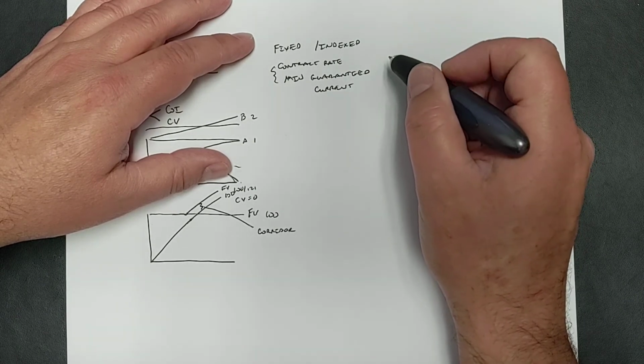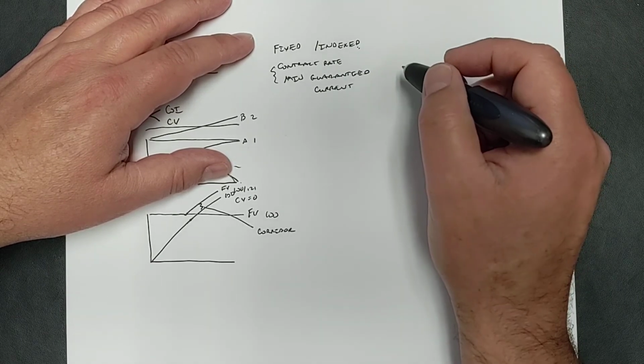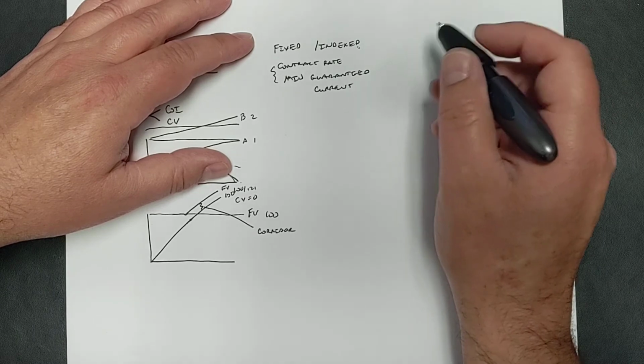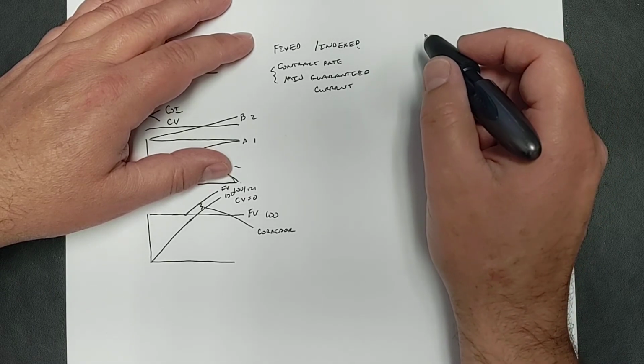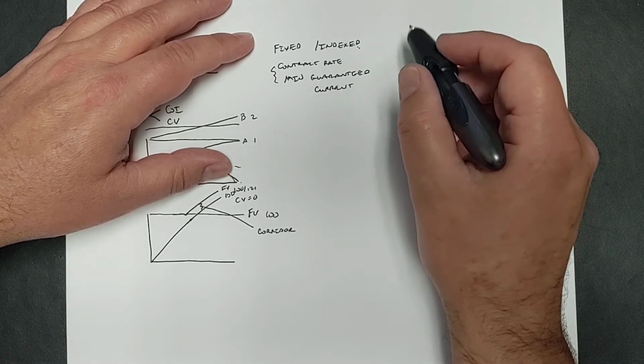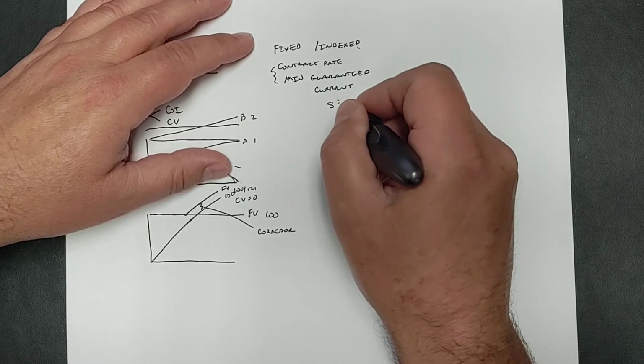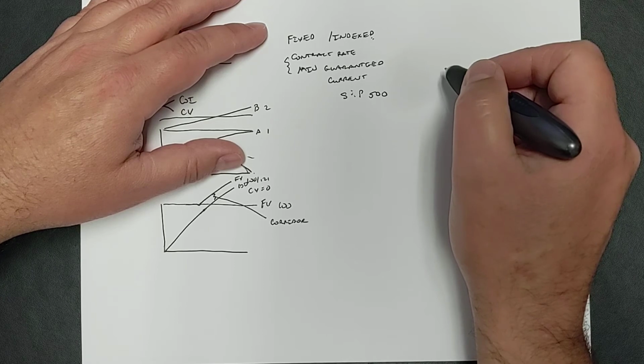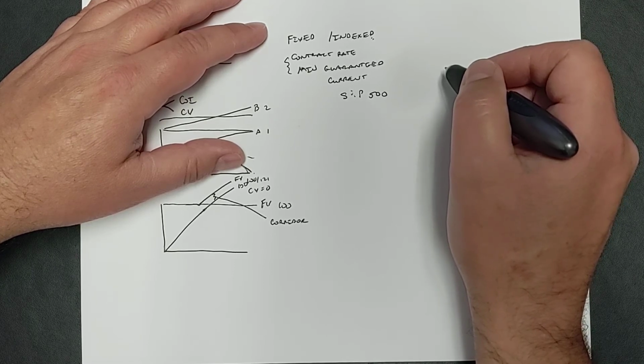The other way is by using an indexed rate. The company uses one of the stock market indexes or indices. You'll hear it both ways. Both are correct. So stock market indexes or indices. Like, for example, the S&P 500. That may be the one you're most familiar with. There are a lot of other indices, but S&P 500 is the most common.